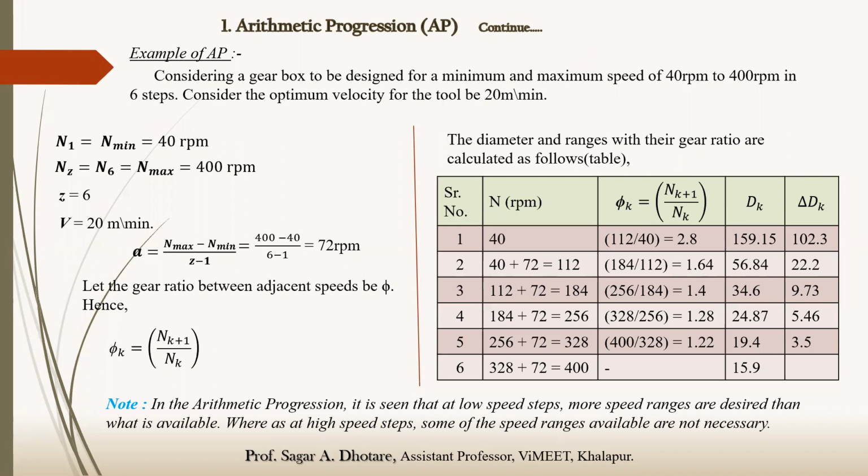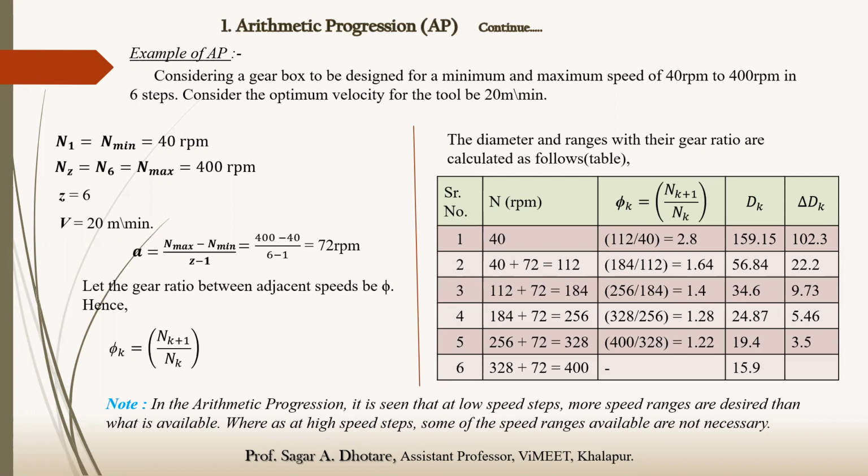So they have provided the maximum speed, minimum speed, number of steps, and the velocity. First of all, note down these given values. Now we can calculate the constant step value, that is a equal to n max minus n min divided by z minus 1. So 400 minus 40 divided by 6 minus 1 is equal to 72 rpm.